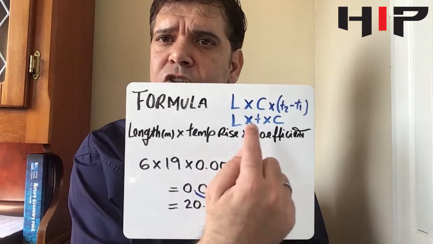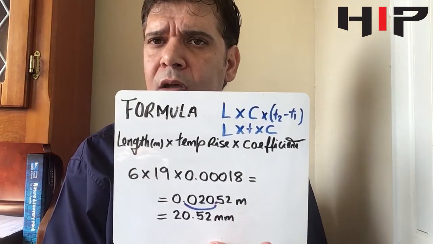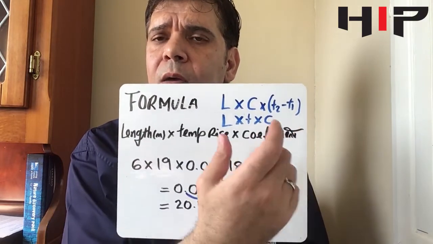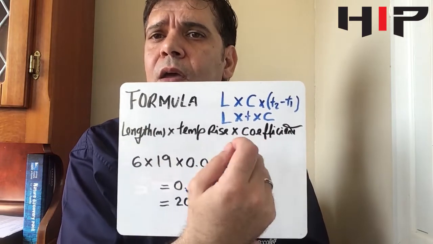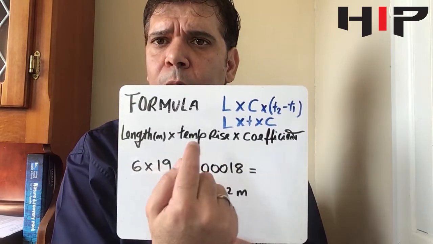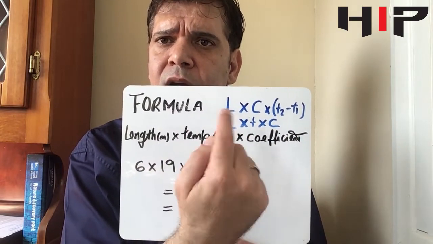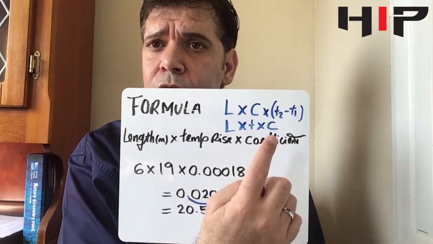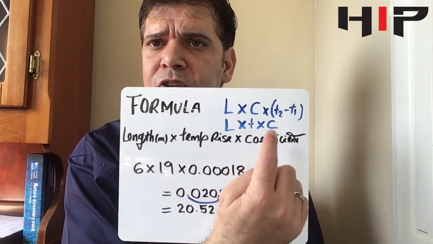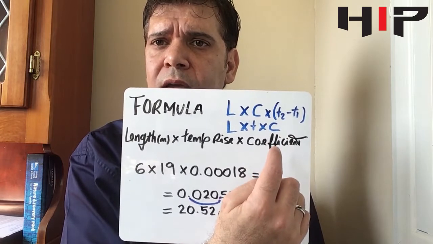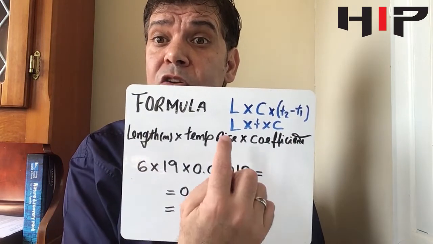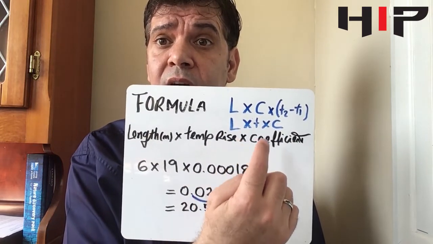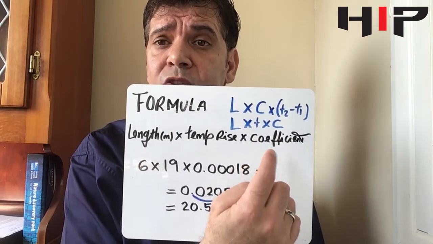The first one is the more advanced formula for you to work out the temperature rise: the length times the coefficient value times the first two temperatures, where you take one away from the other. For today's exercise, what you need is the length times the temperature rise times your coefficient value.